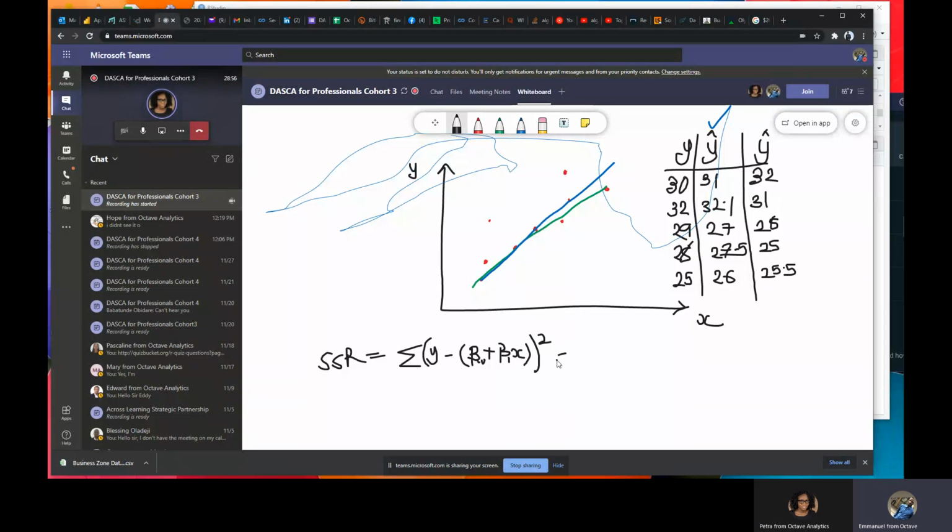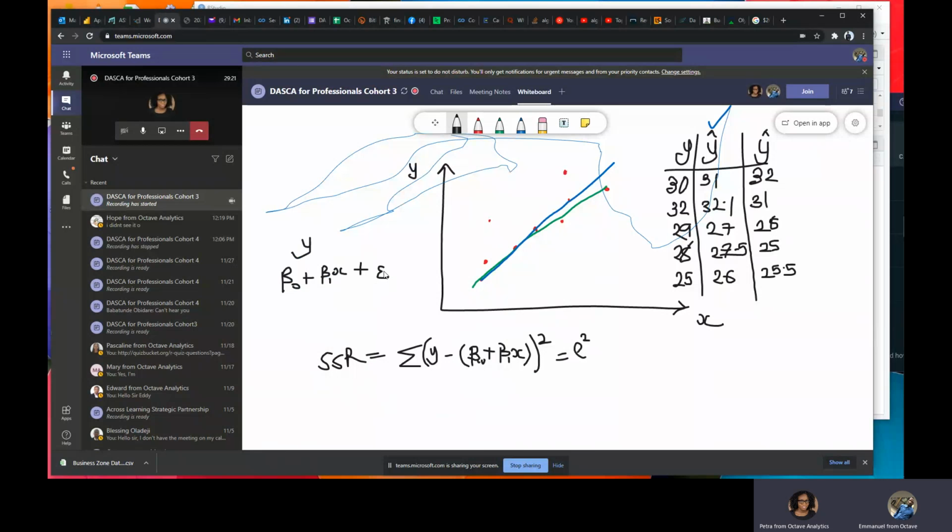This is my error square, error sum square. So actually this is the iteration. This is your original y. This is your predicted y, which is b naught plus b1 x plus error. Abi, this is your equation.